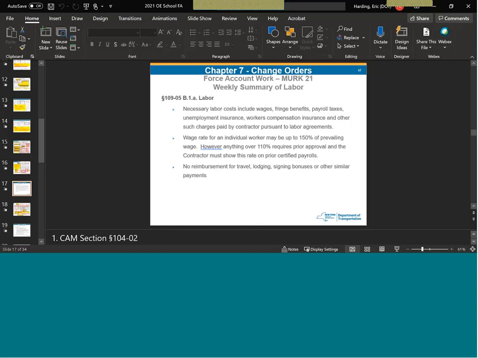I guess the consensus was that that's not required. You can just call the original item your force account item, and once the force account is complete, you can adjust your dollar value up or down depending on which way the force account actual goes in comparison to the force estimate.